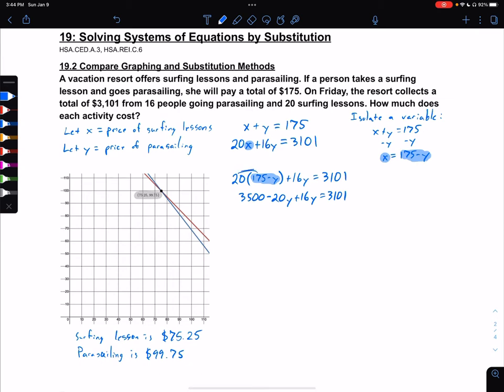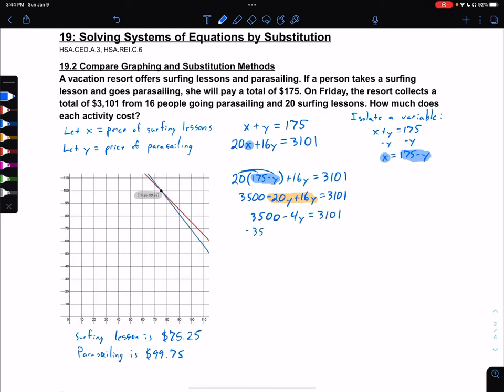We distributed, and now I'm going to combine like terms. Be very careful here: when we combine these, it's negative 20y plus 16y, which gives us negative 4y.